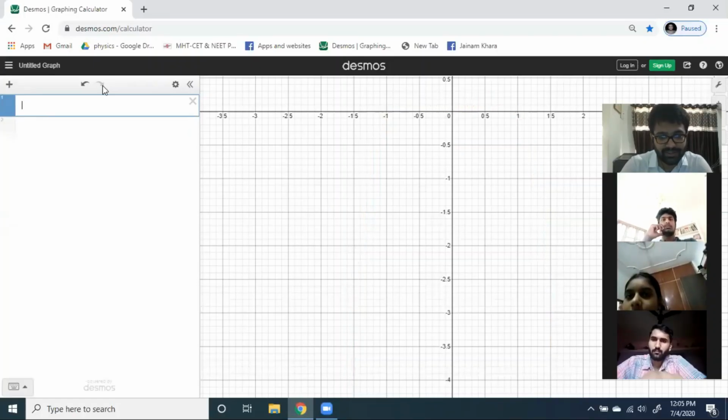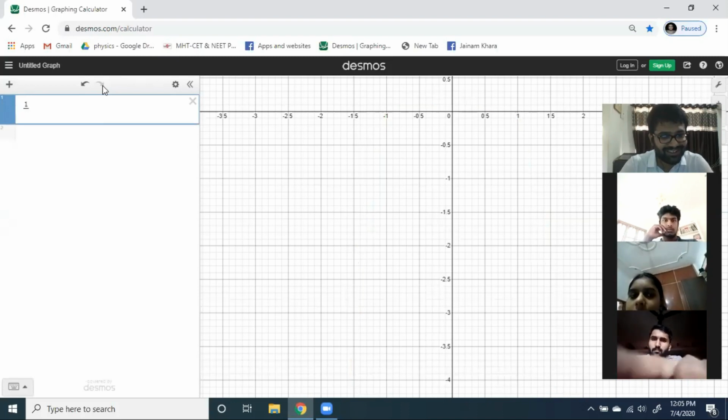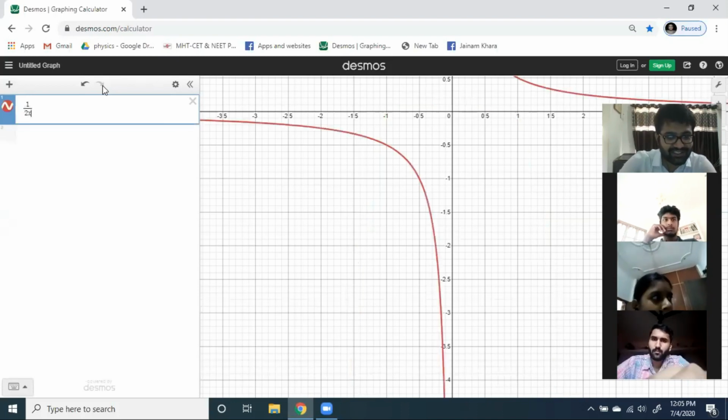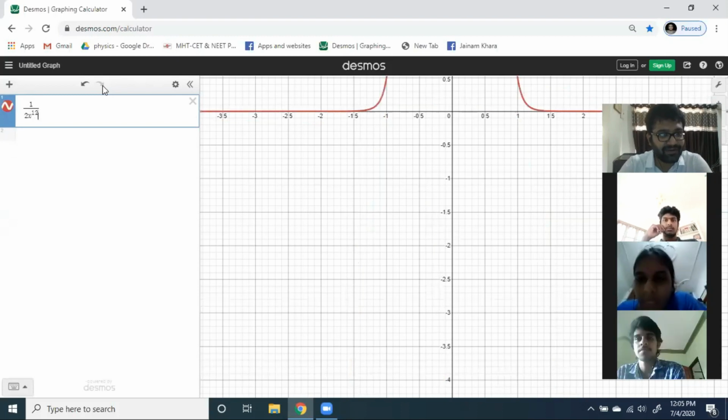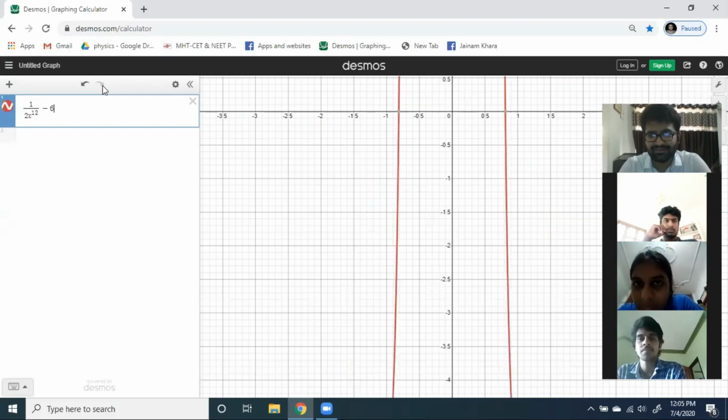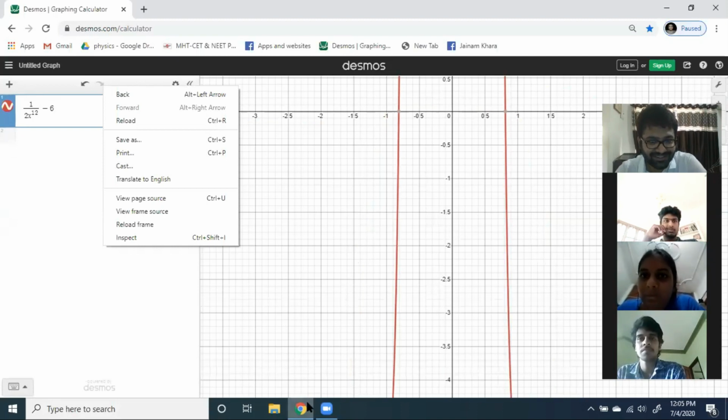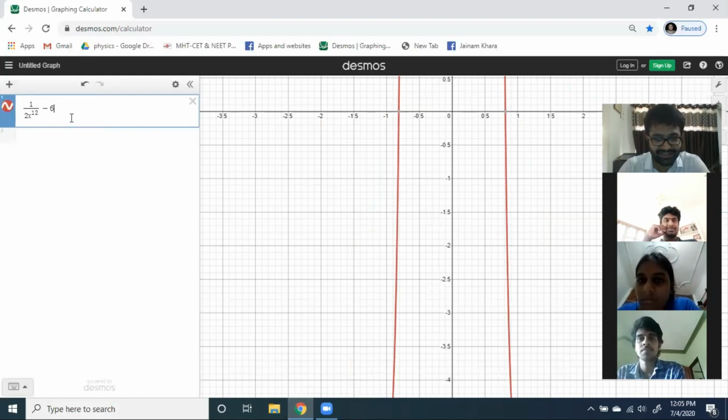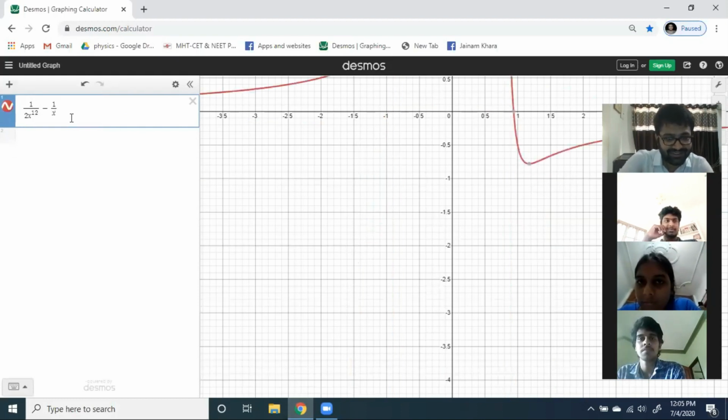So the question was 1 upon 2x raised to 12 minus of, what was it, 1 upon x raised to 6, yes. Look at this graph.